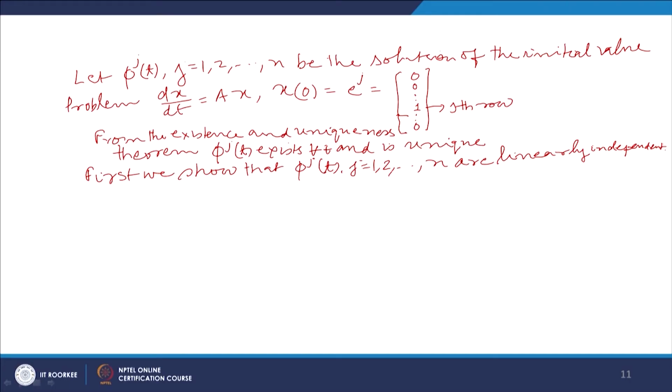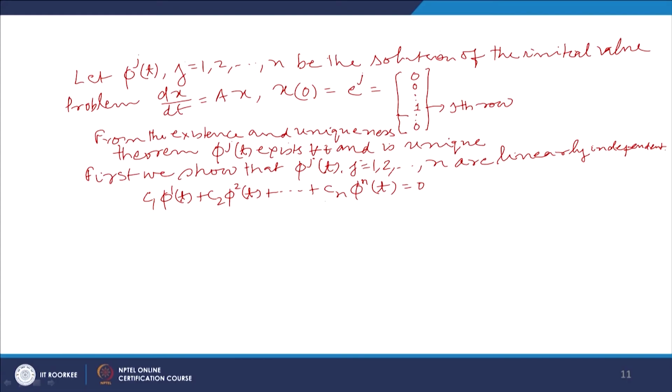For this, let us write the equation C1 phi 1 t plus C2 phi 2 t and so on Cn phi n t equal to 0, where C1, C2, Cn are constants.